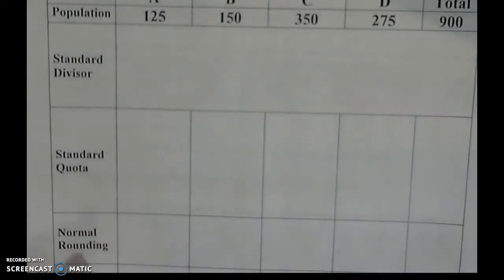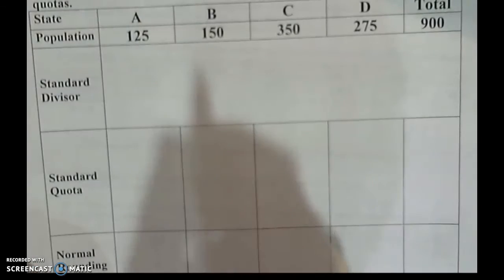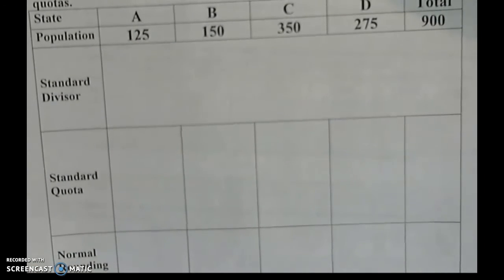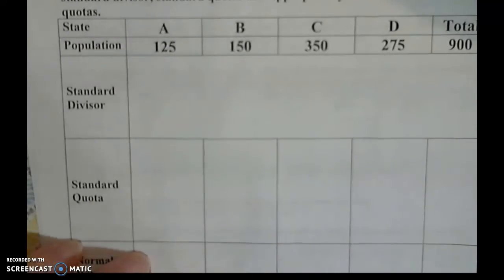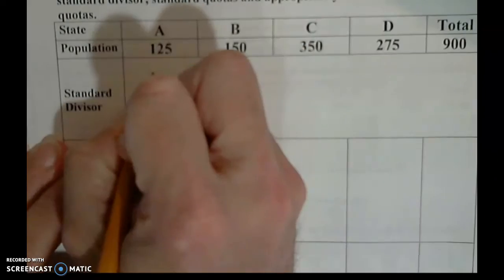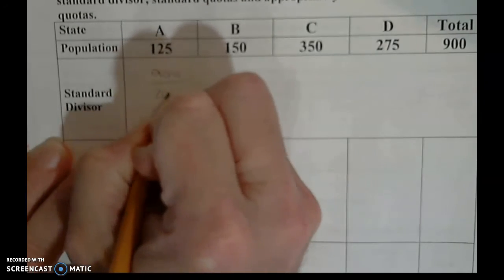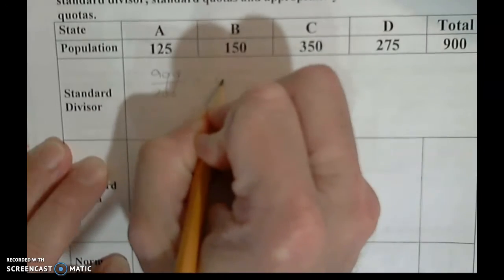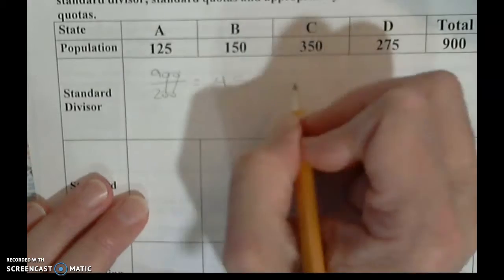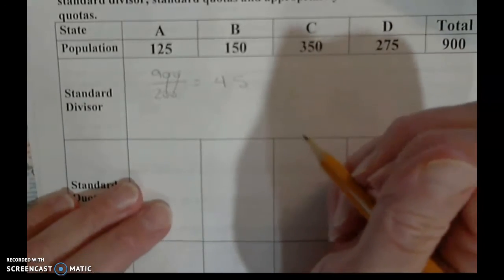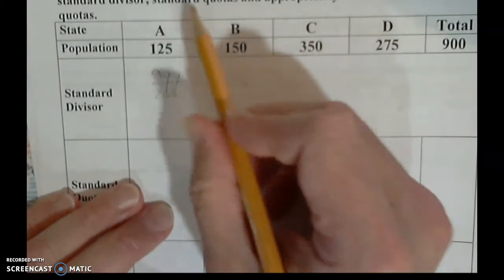So what is my standard divisor? It's going to be each one of these divided by 200. So my standard divisor is going to be 900 divided by the 200 seats. So it is going to be 4.5. All right. So 4.5.